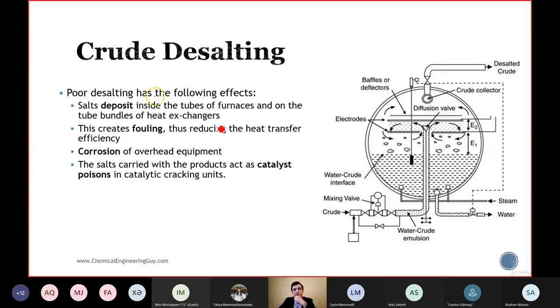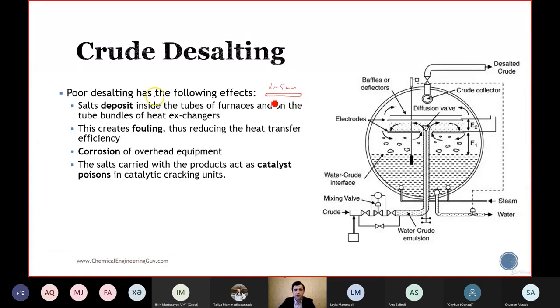Salts deposit inside the tubes because inside the heat exchangers we have small diameter tubes, around maybe 5 millimeter or 10. So these are small. There is salt deposit inside the tubes of the furnaces and on the tube boundaries of heat exchangers. That will decrease your heat transfer efficiency. This creates fouling. This can result in corrosion.